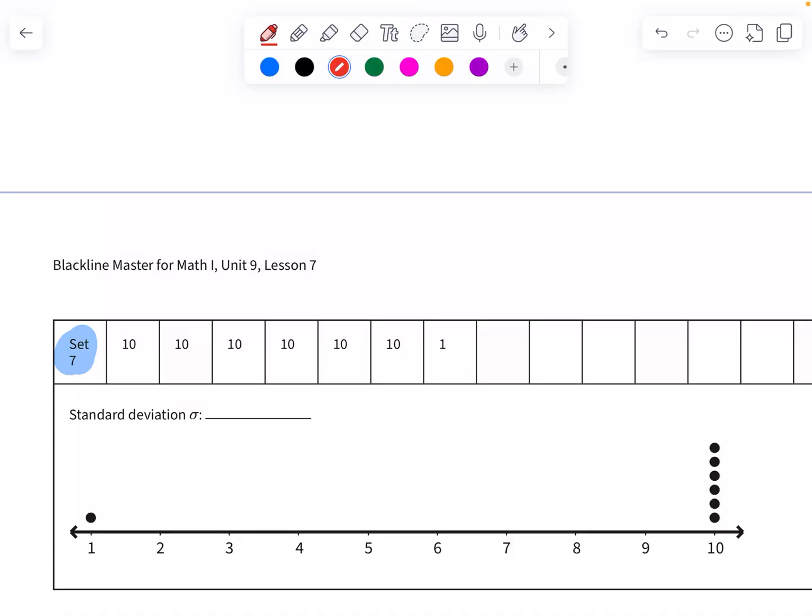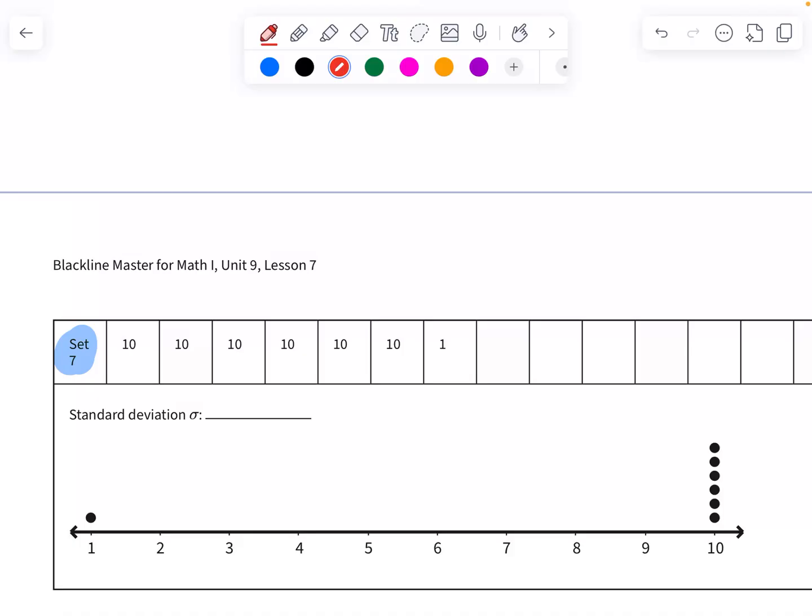I think that 6 and 7 have the same standard deviation, but I want to verify. So it looks like yes, they both have 3.15.